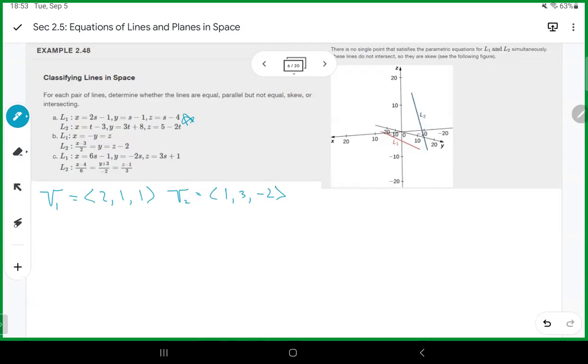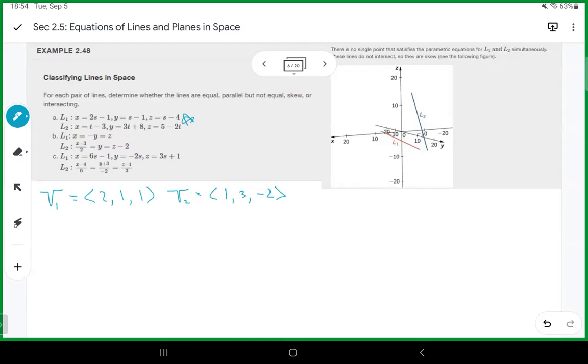Because the direction vectors are not parallel vectors, the lines are either intersecting or skew. To determine whether the lines intersect, we see if there is a point x, y, z that lies on both lines. To find this point, we use the parametric equations to create a system of equations.